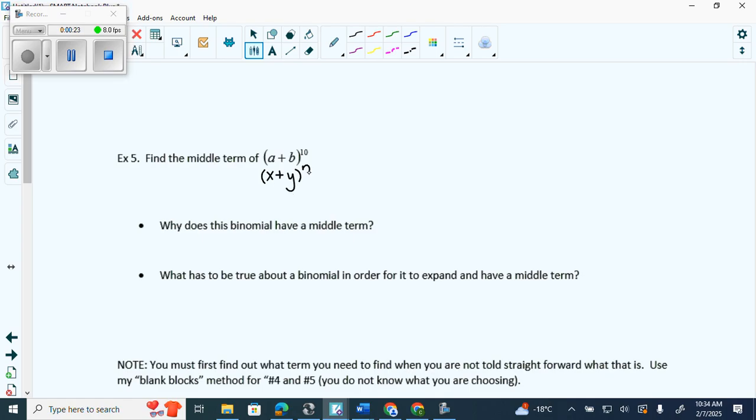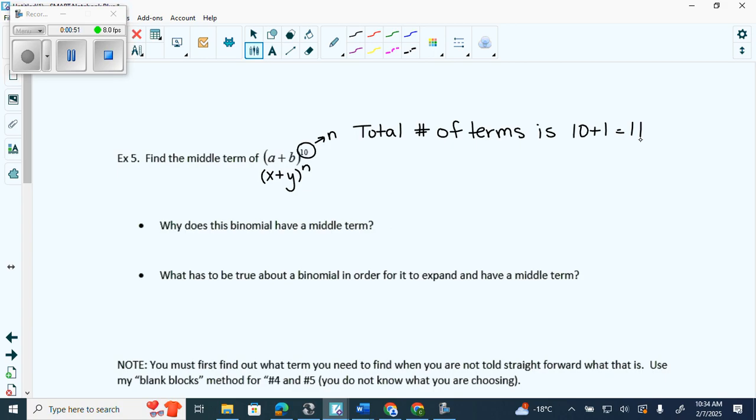And if n is 10, the total number of terms is what? 11. You always get one more term because your first term is going to be k equals 0, and then you're going to go to k equals n. So if I go from 0 to 10, that's actually 11 terms. Okay? So it's always one more.